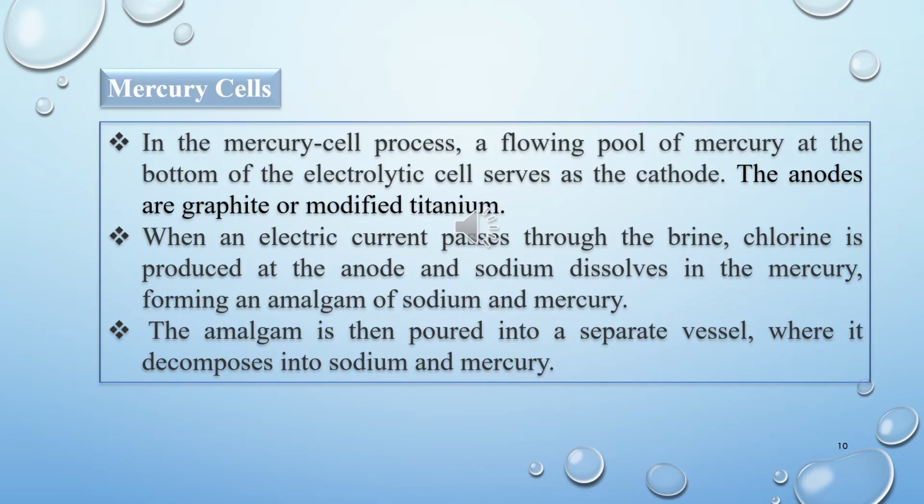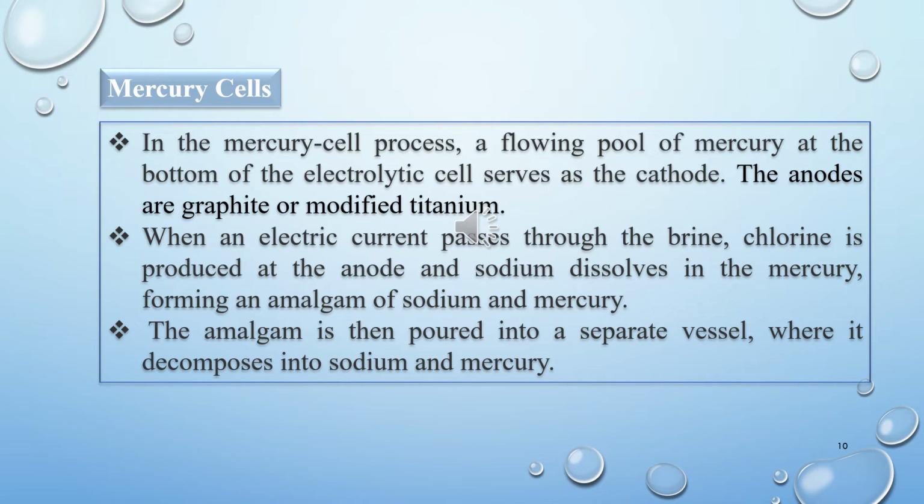Now we are going to discuss one by one this cell process. The first process is mercury cell process. In the mercury cell process, a flowing pool of mercury at the bottom of electrolytic cell serves as cathode.